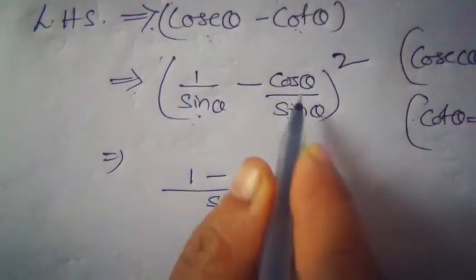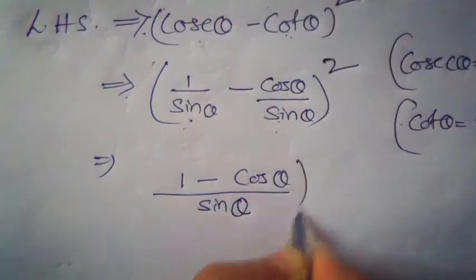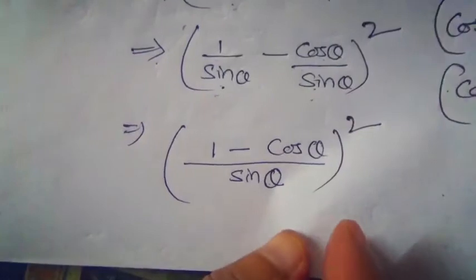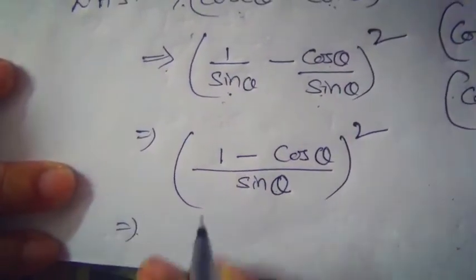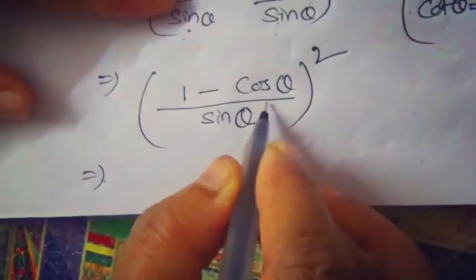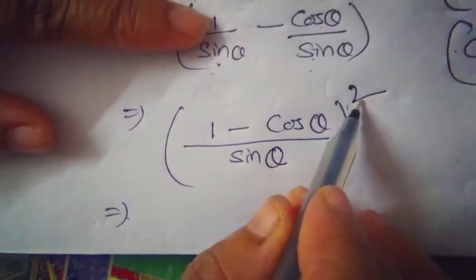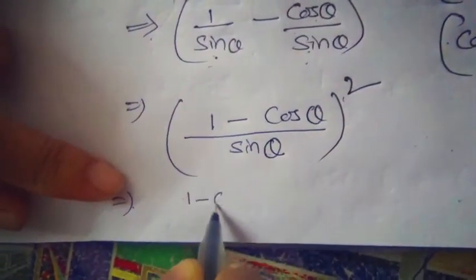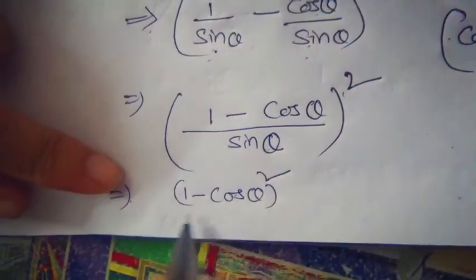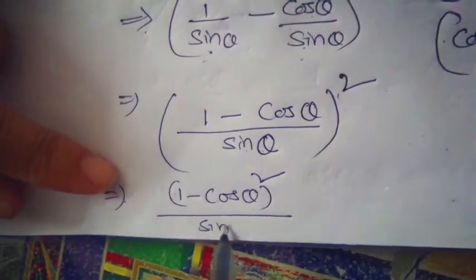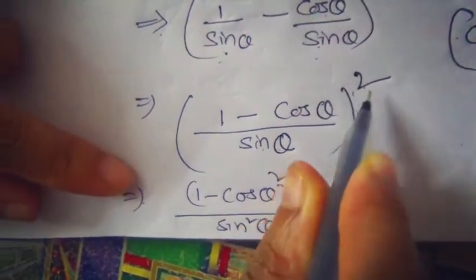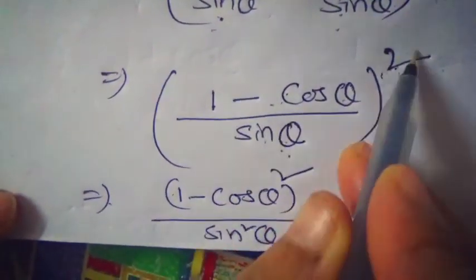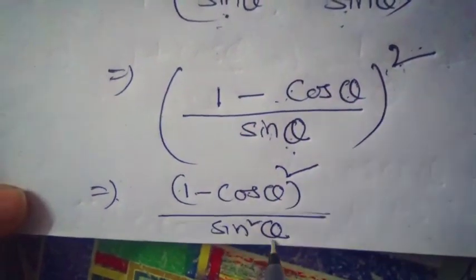So cos theta, whole square. I am separating this square on both the numerator and denominator: 1 minus cos theta whole square by sin square theta.